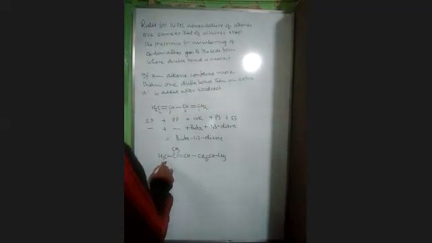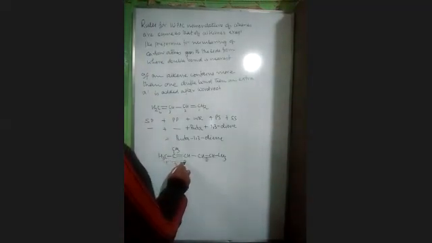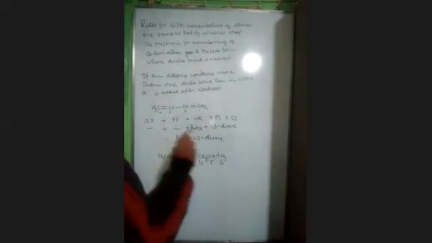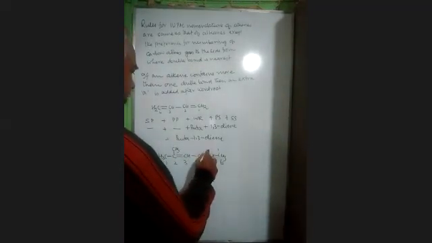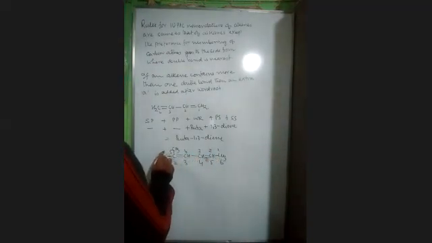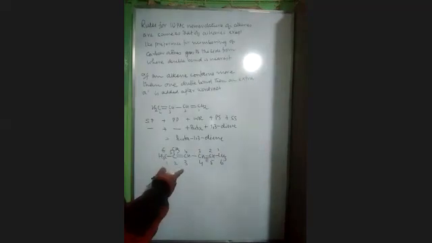See here. 1, 2, 3, 4, 5, 6. So you have done this numbering in this way. You have a double bond on an equivalent position.